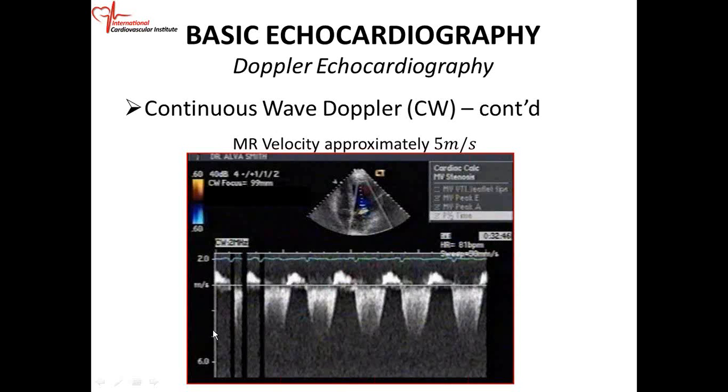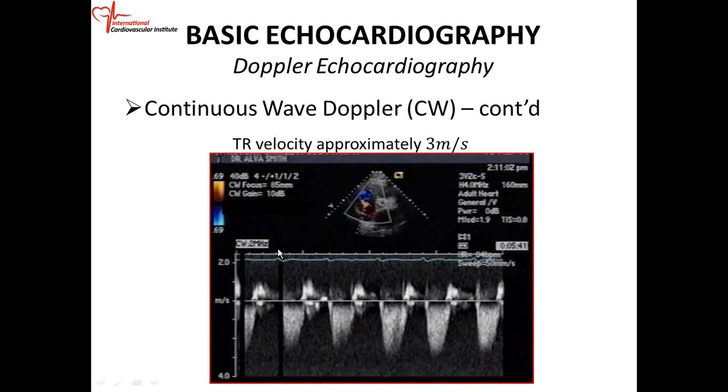It's much more than 2 meters per second, so you can't use pulse wave. You'll get aliasing. So we use continuous wave, which measures much larger velocities. Mitral regurgitation velocity is usually in the order of 5 meters per second or more, so right away you cannot use pulse wave Doppler. You have to use continuous wave Doppler for that.